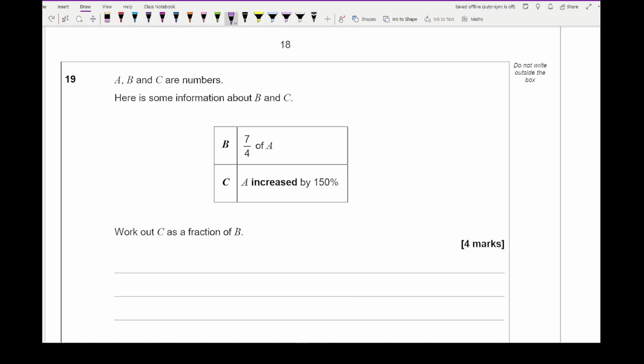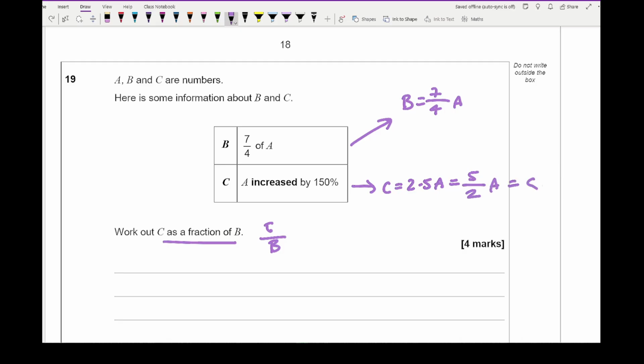Work out C as a fraction of B. So what this is asking for is to write C over B. Now, using this information, I know that B is equal to 7 over 4 A, and C, as it's increased by 150%, well, that's going to be C equals 2.5A, which as a fraction is 5 over 2 A. So these are the 2 fractions that I'm going to substitute in to work out C over B.